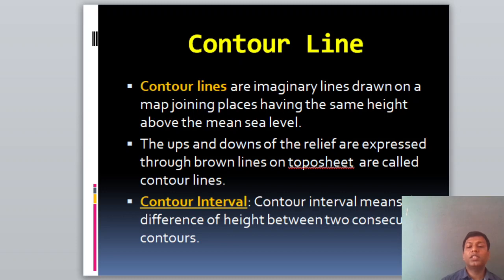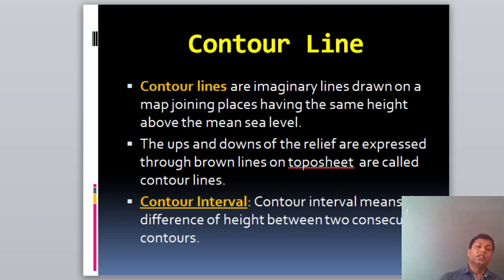You can also say about the topo sheet, the ups and downs of the relief are expressed through brown lines on the topo sheet, called contour lines. Yes, dear students, in your topo sheet, contour lines are always shown in brown color. What color? Brown color. Keep in mind.